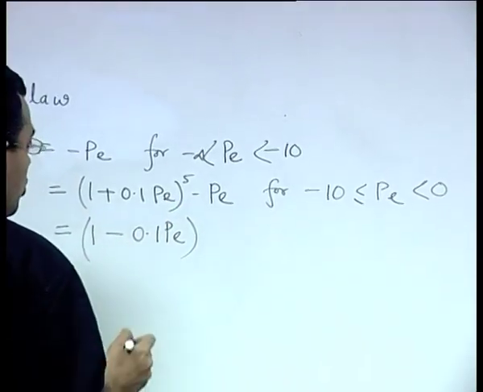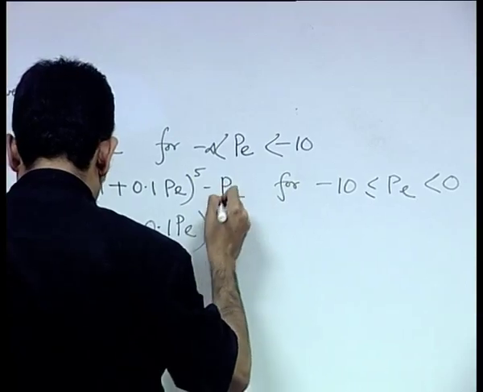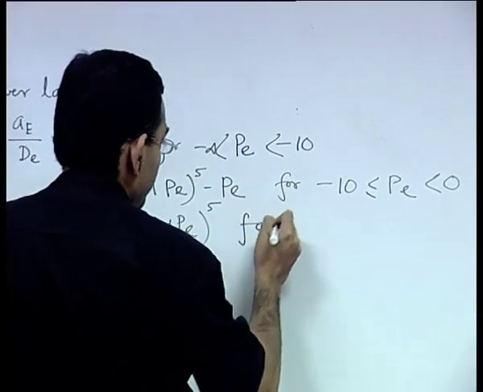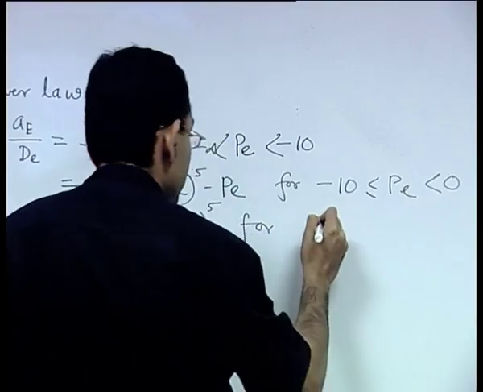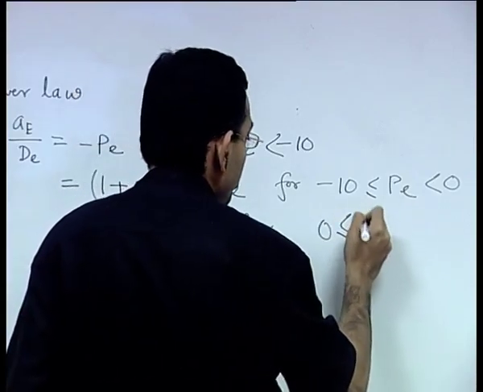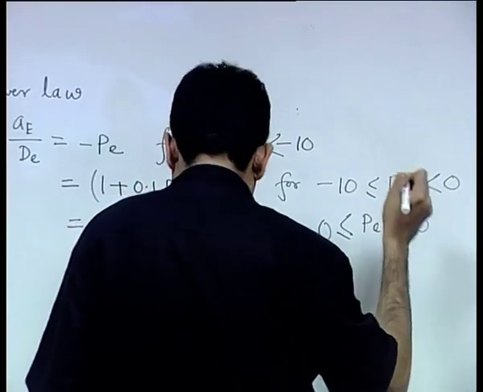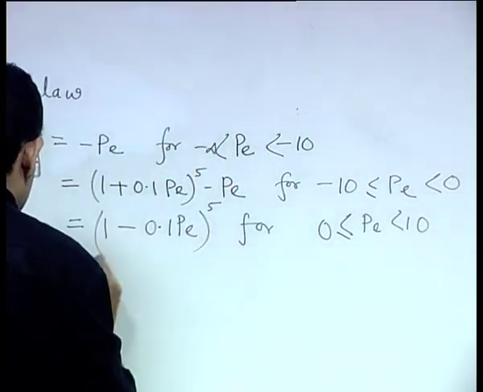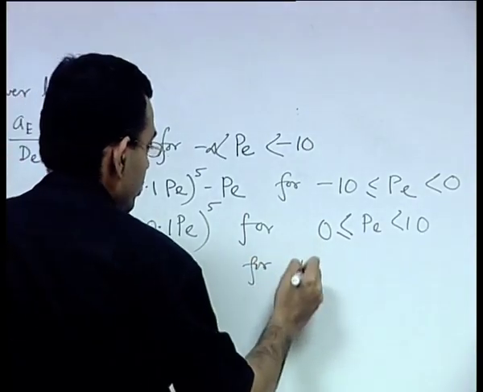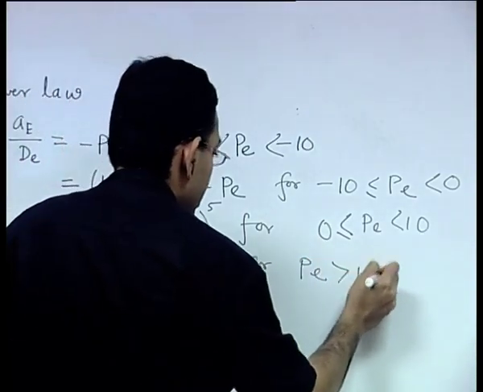It is 1 minus 0.1 Peclet number to the power 5 for Peclet number between 0 to 10, and is equal to 0 for Peclet number greater than 10.